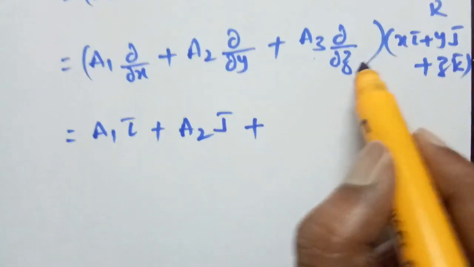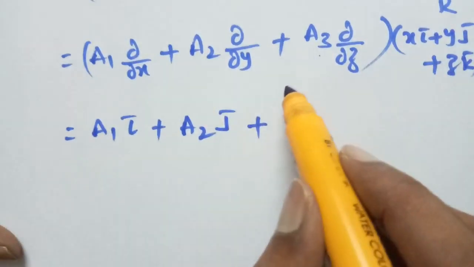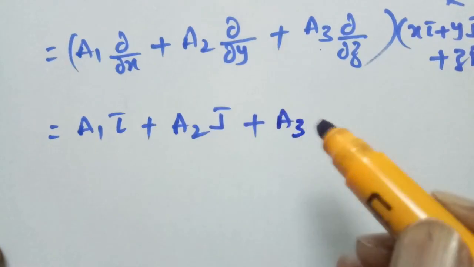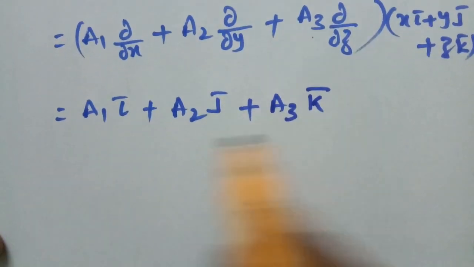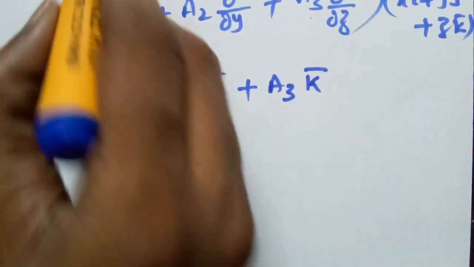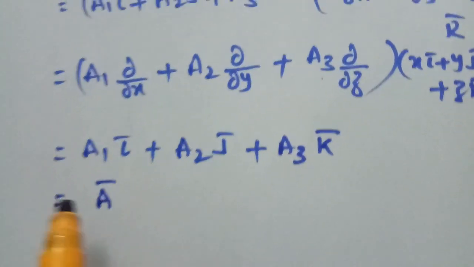Now a3 into dou by dou z of z k bar, so z derivative is 1, into k bar. k bar is a constant. Therefore, this is clearly a bar.